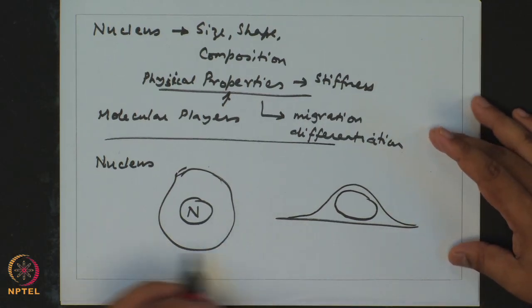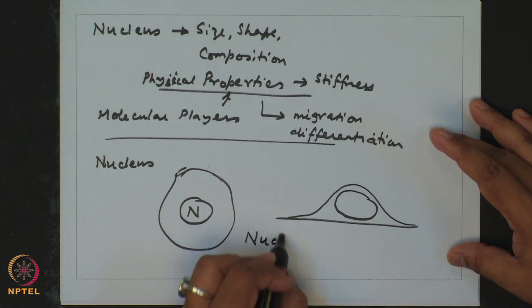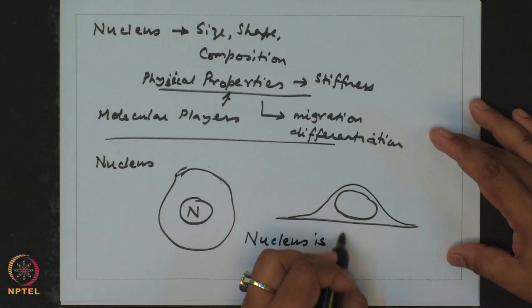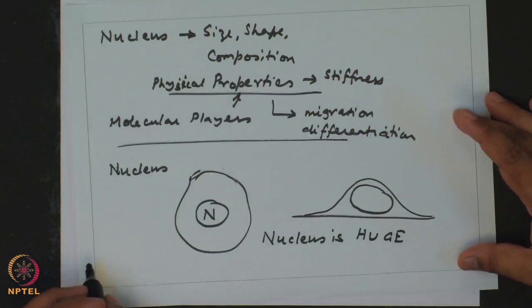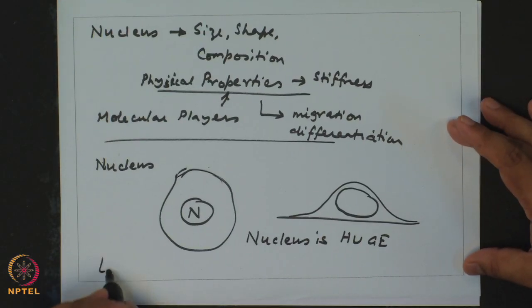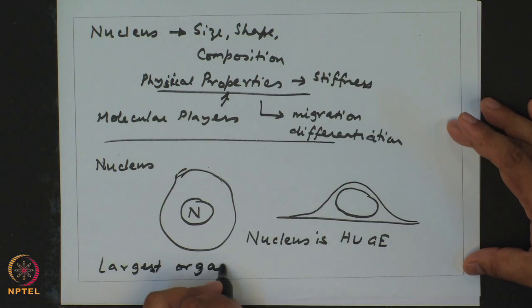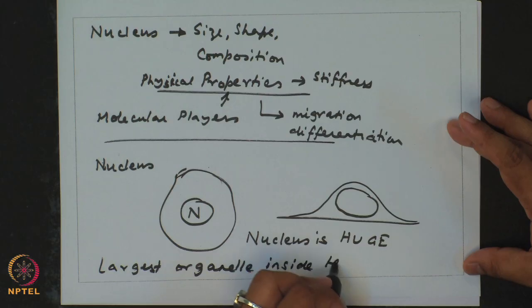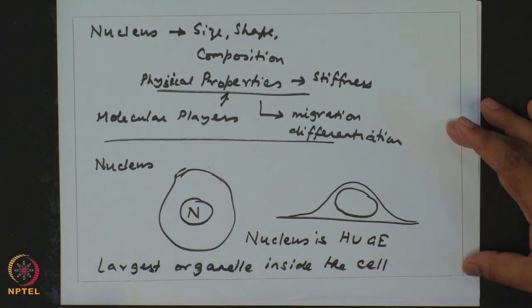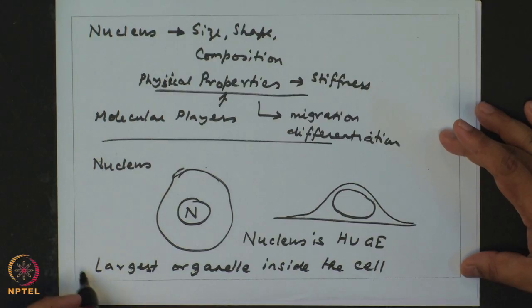So, clearly the nucleus is huge, and perhaps it is not surprising. It is of course the largest organelle inside the cell, and it is also the stiffest component.